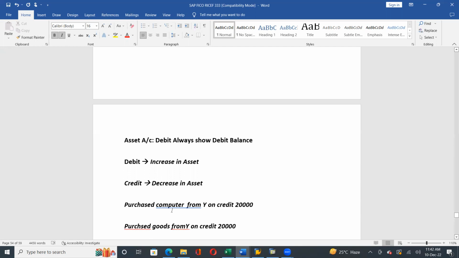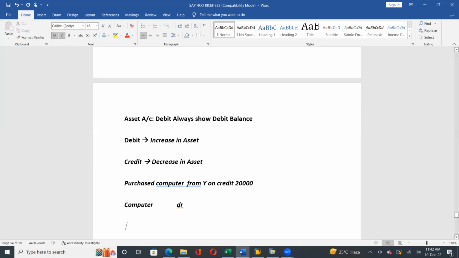So when the asset name is mentioned, whoever is purchasing, their intention is not to resell. When it says goods instead of asset, their intention is to resell. For this particular entry, we will write computer account debited to Y account or cash, whatever it is.